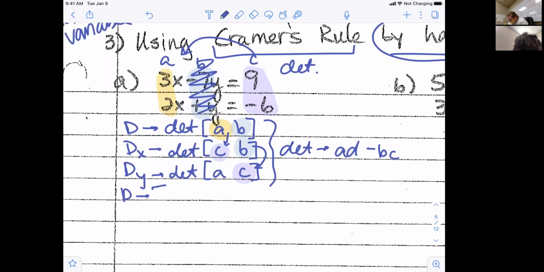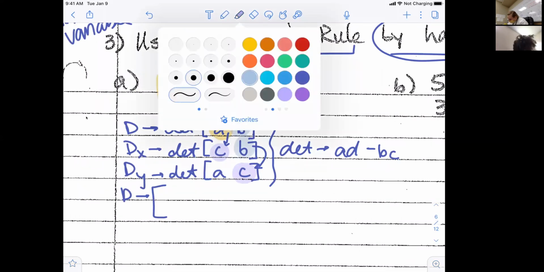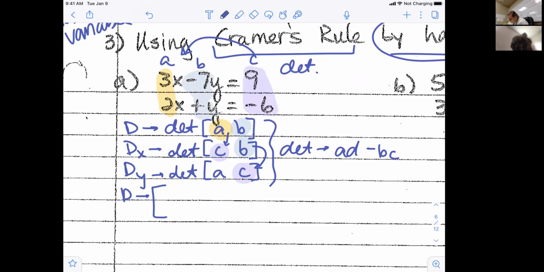So my matrix for D is columns A and B. So it's going to be, my first column is 3, 2, and my second column is negative 7, 1.